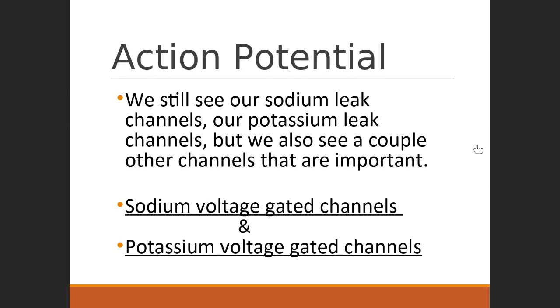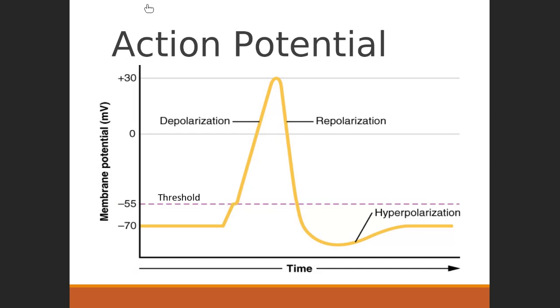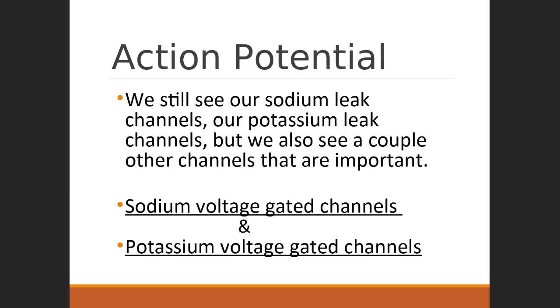Because all up to this point, we said that voltage gated channels create our action potential pattern. There's no way we could get that pattern with just one type of voltage gated channel. And in fact, we have two specific types. We have sodium voltage gated channels and we have potassium voltage gated channels, working as a team in order to give us that repetitive action potential pattern.